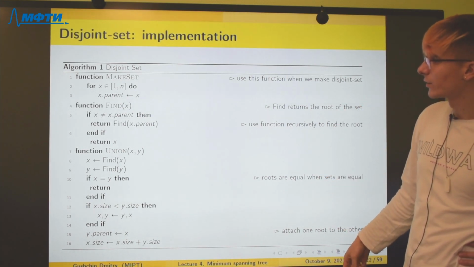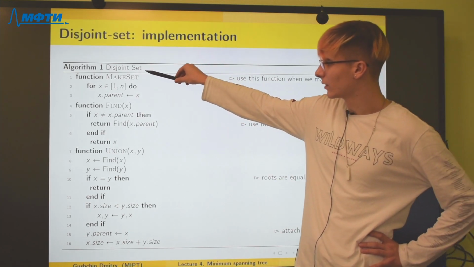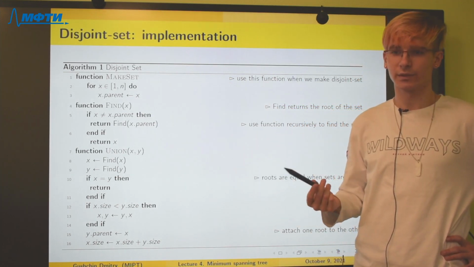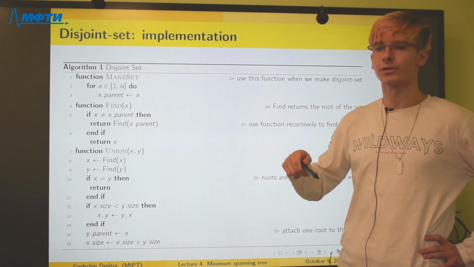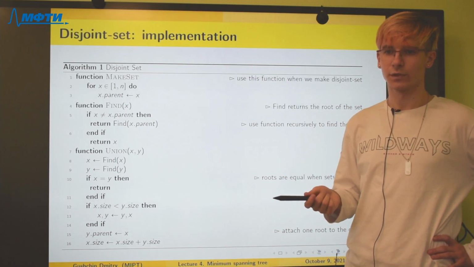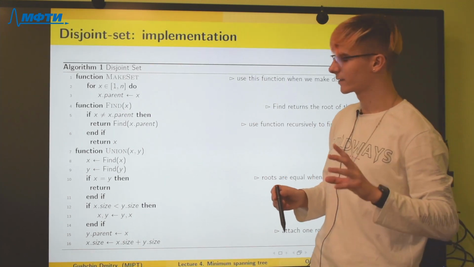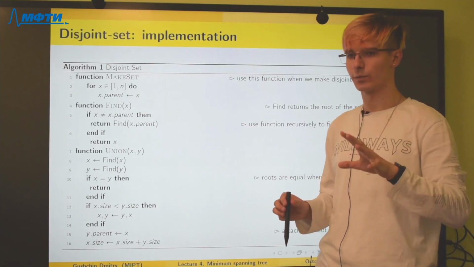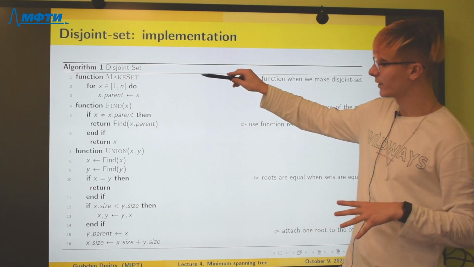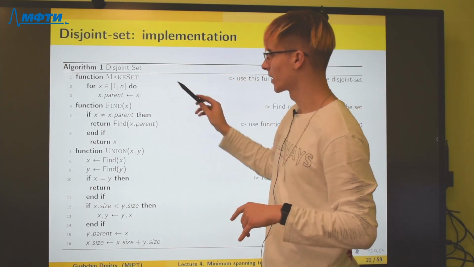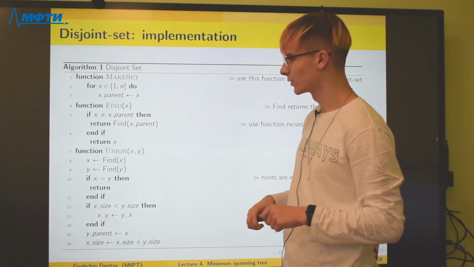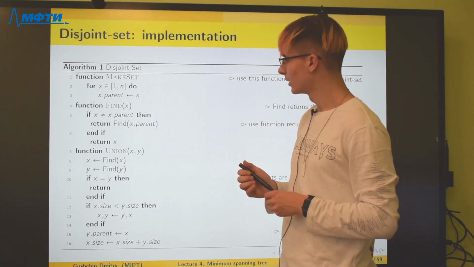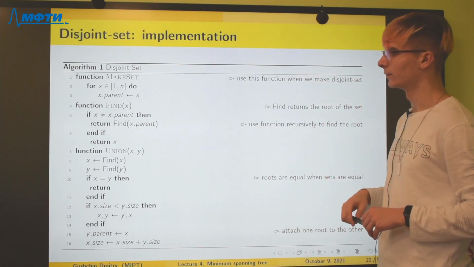Firstly, we need to implement make set. As in Kruskal's algorithm, firstly we make a set of all the vertices. We say that each vertex has its own component. So we need a make set function. Then we need to get the parent of the set.